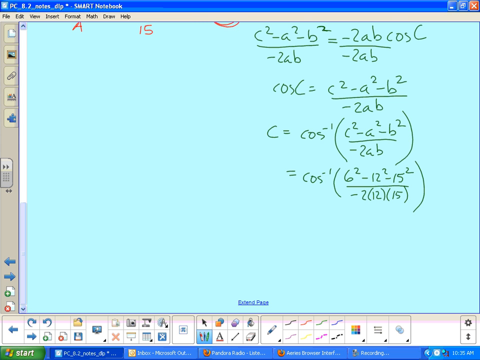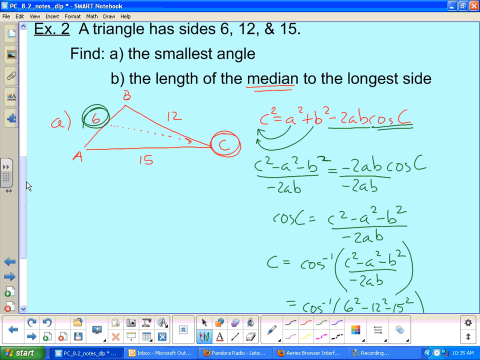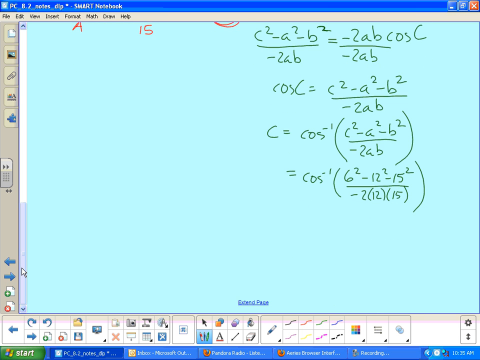Now you can see how you might get yourself confused if you put the wrong things in for A, B, and C there. So be careful when you're choosing A, B, and C. We put all that in, we get 36 minus 144, which is what? Negative 108, minus another 225, negative 333, all over negative 360. What do I get?